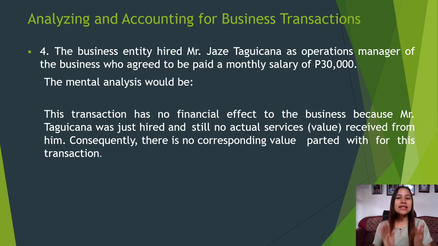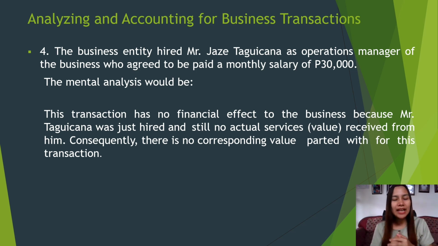But once Mr. Tagikana has already rendered his service as operations manager of the business, that's the time that the business will incur an expense in the form of salary to be given to Mr. J. Tagikana. So, on the salary period, Mr. J. Tagikana will receive a salary of 30,000. That's the time that there is already an economic value to be recorded.